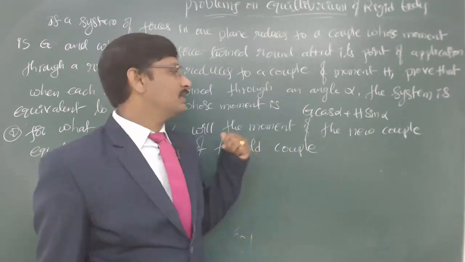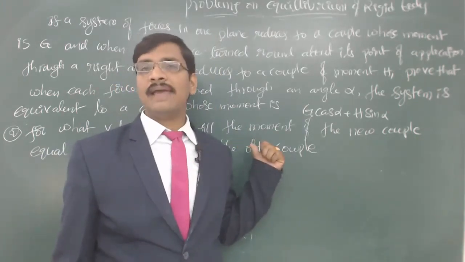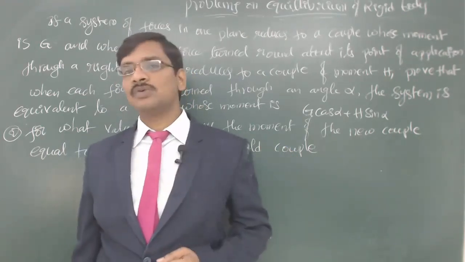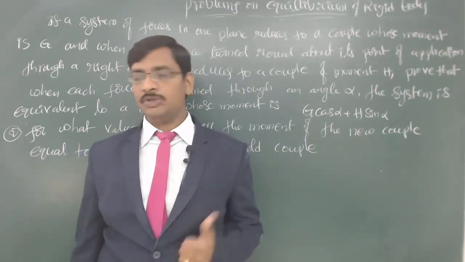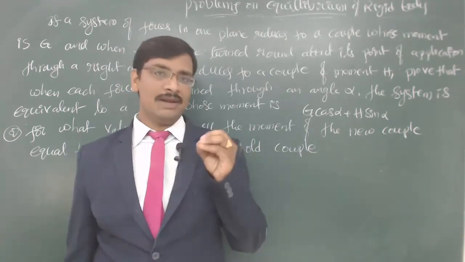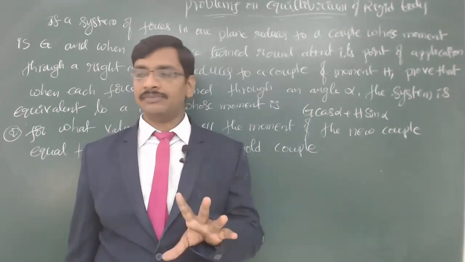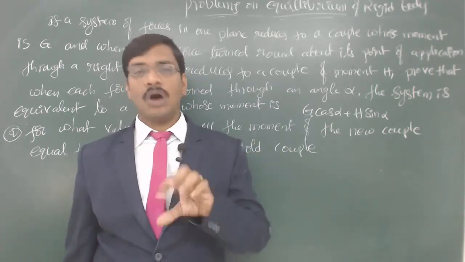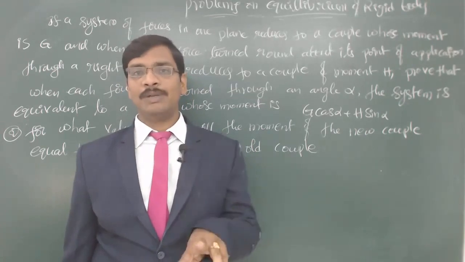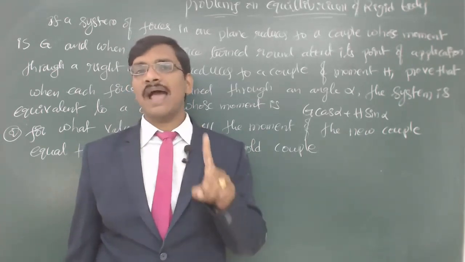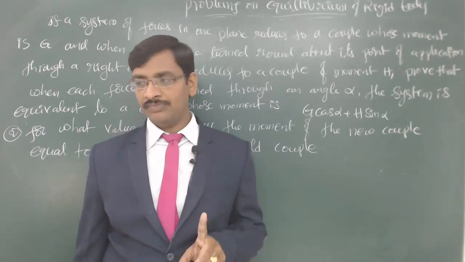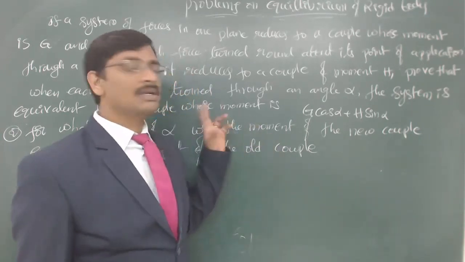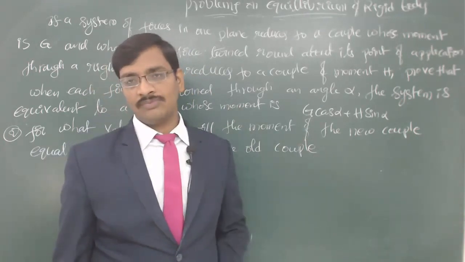Now here the complexity is increased to n different forces. Some of the basic theorems we have learned in the previous sessions need to be used. If there are n different forces acting on a body at different points, all the forces together can be replaced with a single force acting at a randomly chosen location, along with a couple whose moment is equal to the resultant moment of all the forces together.